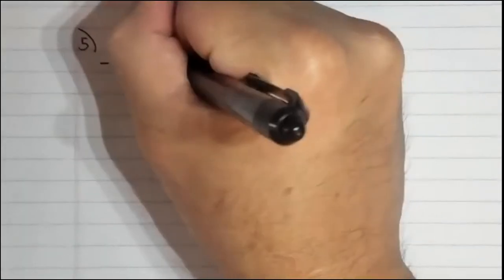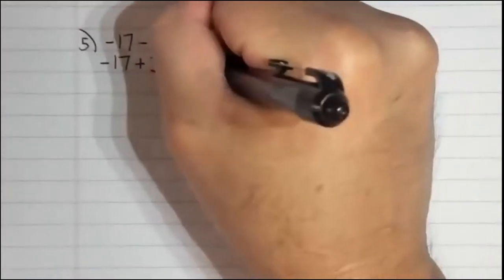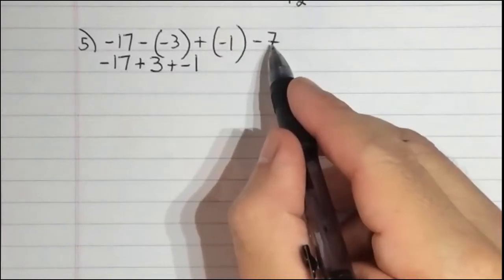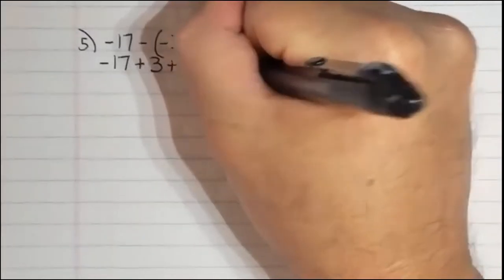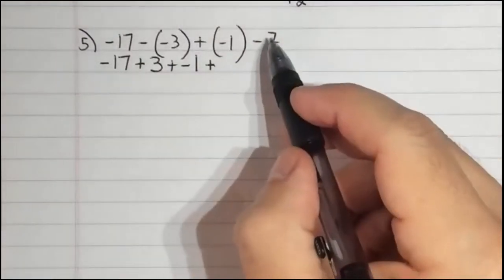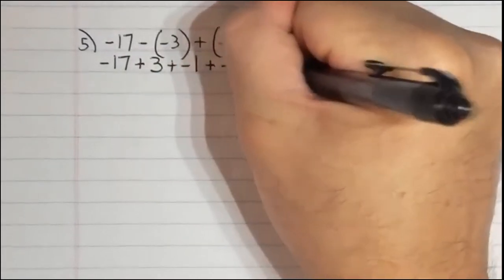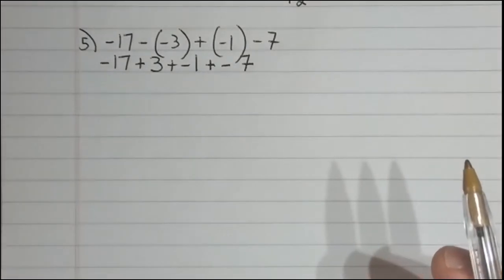That would become +3. Now we're adding a plus and -1, so I don't have to change anything there. But then right here, you see being subtracted by 7. So I'm going to change this subtraction sign to addition. And the opposite of +7 is -7. I want to review that again, because this is basically everything we got to know with 1.6.